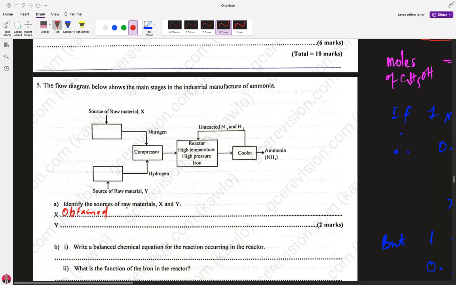Obtained from the fractional distillation of liquid air.